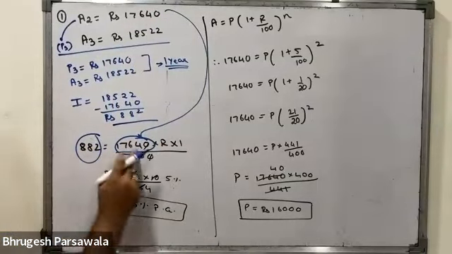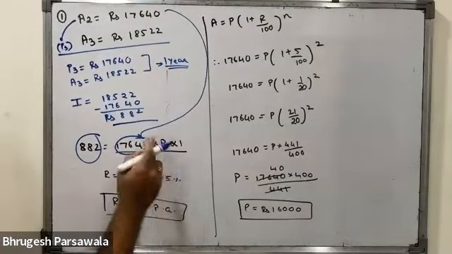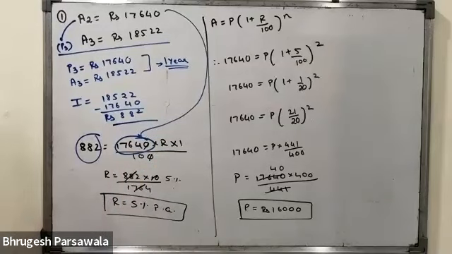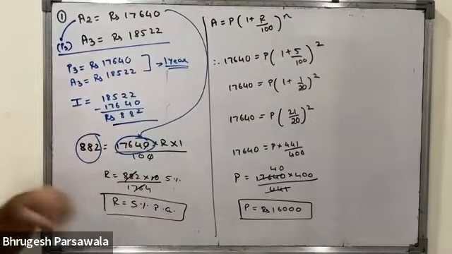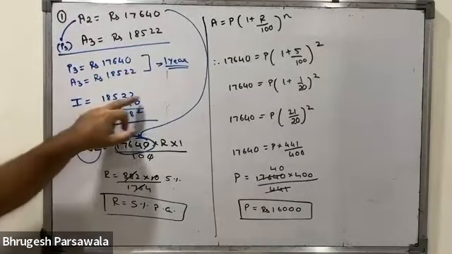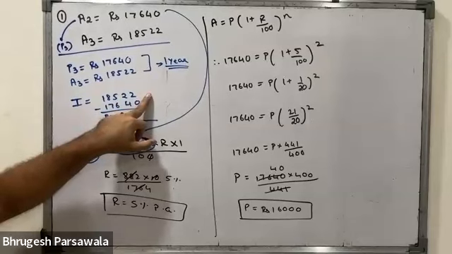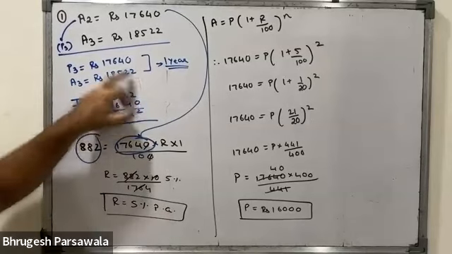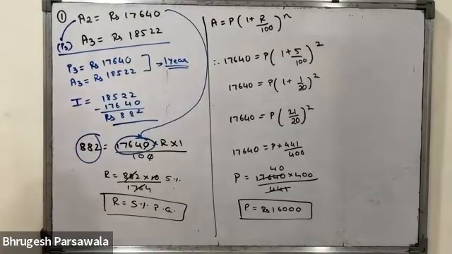This 882, I got interest on it. Rate we don't know, time 1 year upon 100. So 17640 is A2, and this is 18522. 18522 and 17640, what is 17640? A2. Yes, A2.